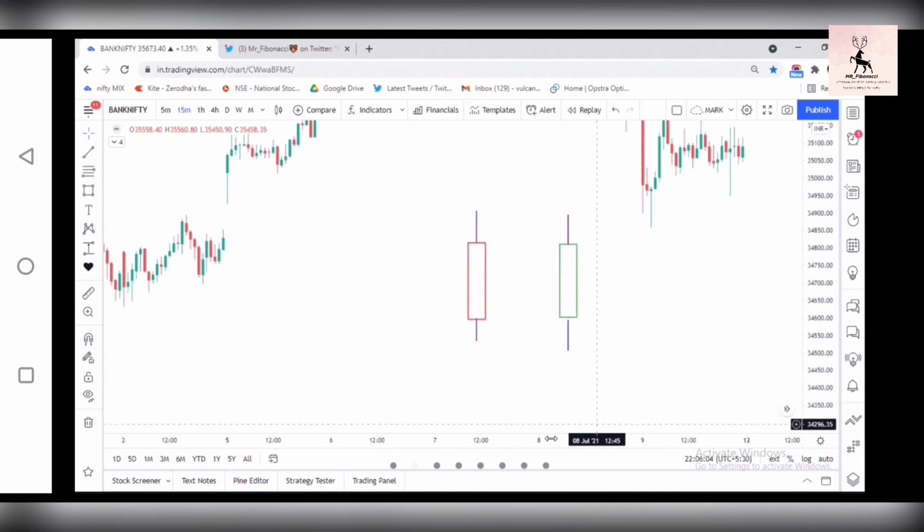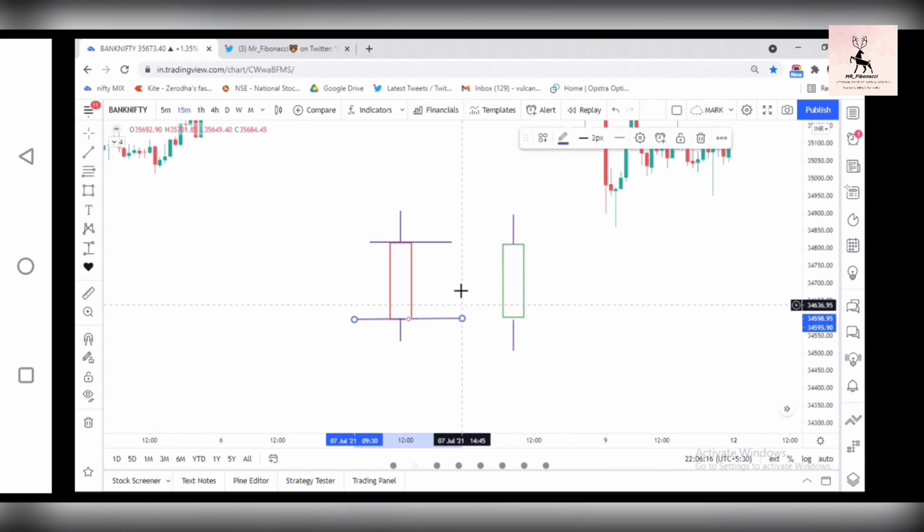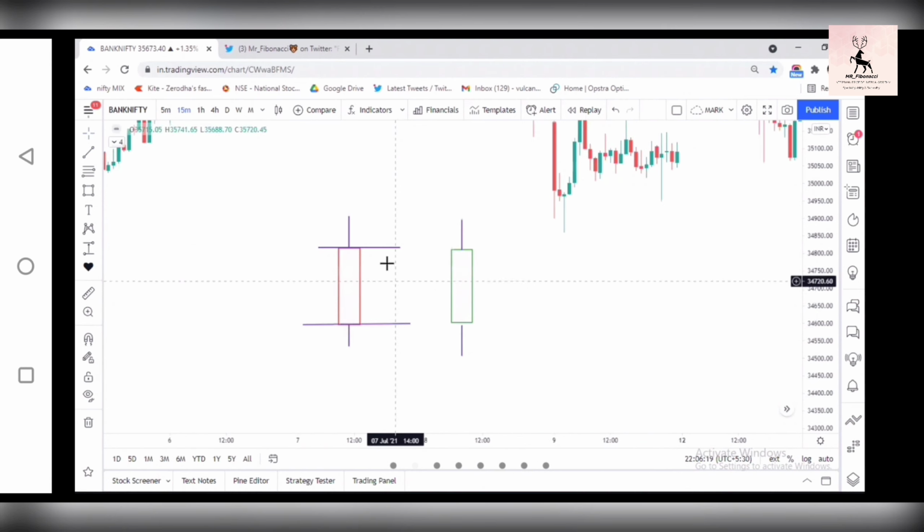What I am teaching here is how candles form. See, the first one is a red candle and the second one is a green candle. A red candle first opens above and closes below. There are four terms in a candle: open, close, high, low.